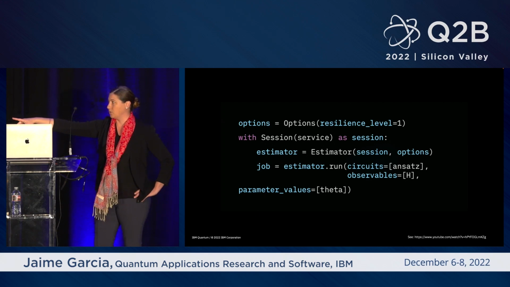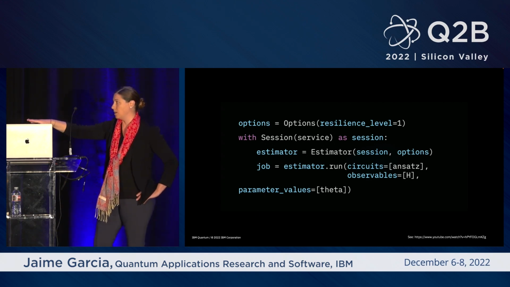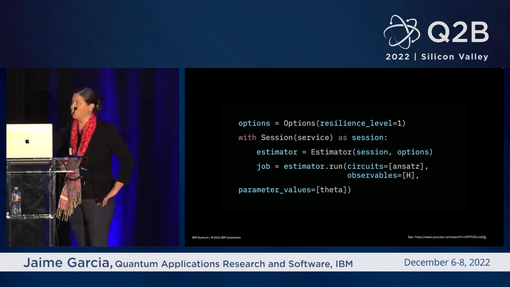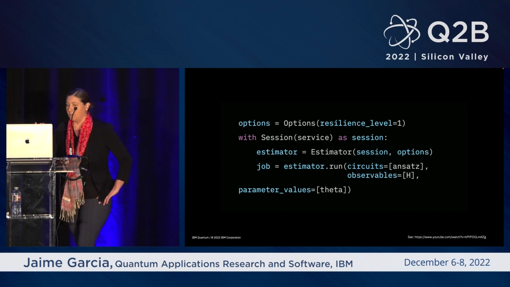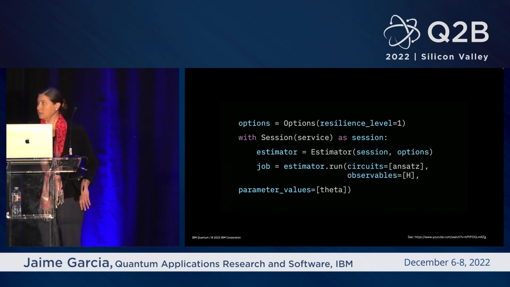This is the link that I was referring to for the YouTube video if you want to go look at the entire session and see more examples of integrations for applications in the chemistry space in particular with the partners that I mentioned. So very simple code, very easy to implement.